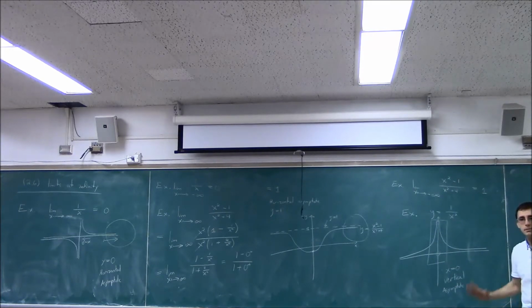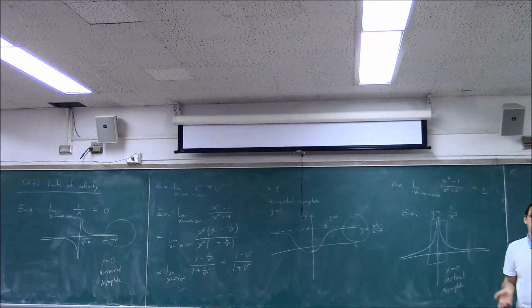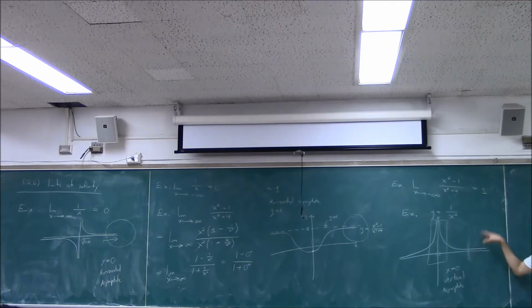Everybody understands what this word asymptote means? I'm just comparing the actual function, its actual graph, to something that I consider simple. And the simplest things I know are lines. That's why I label them for now as asymptotes. But there is actually no pressure in using only lines. I'll give you examples where the asymptote might be a parabola, because you might know how x squared looks like. Okay? It's just trying to explain the shape of something in terms of more familiar shapes.